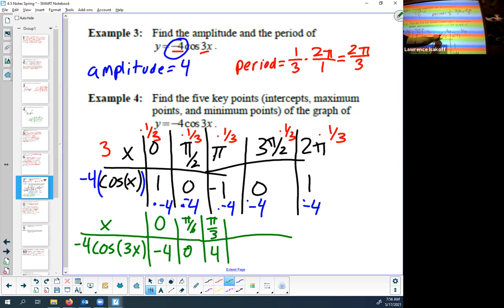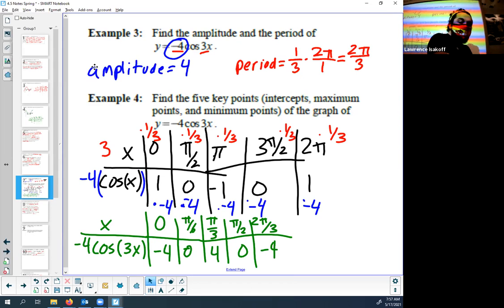This one will be 3 pi over 6, which ends up just reducing to pi over 2, comma 0. And then this ends up being 2 pi over 3, comma -4. So those are my new critical values.